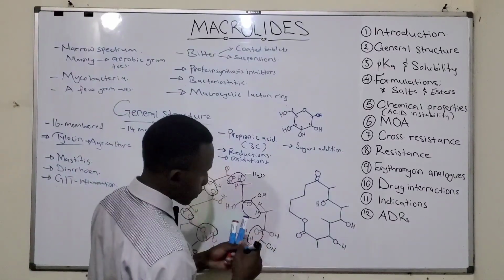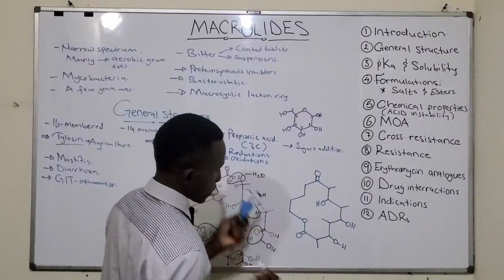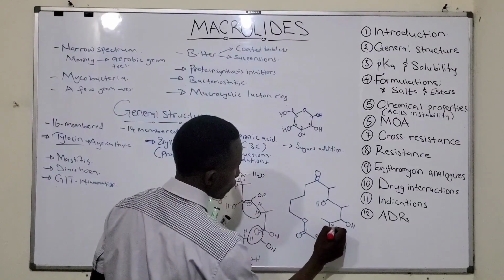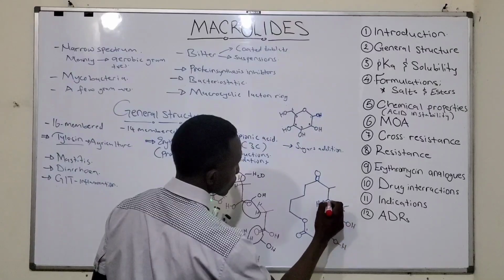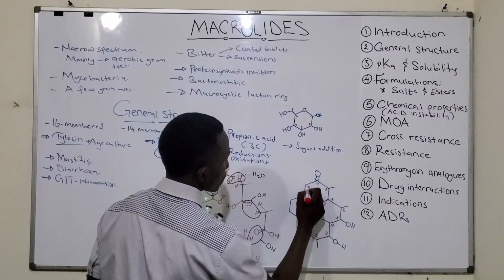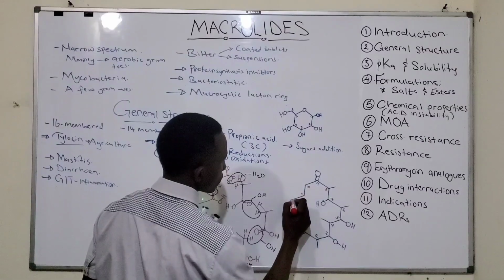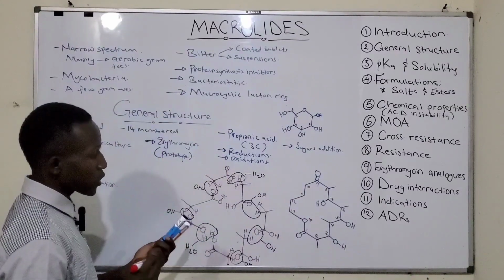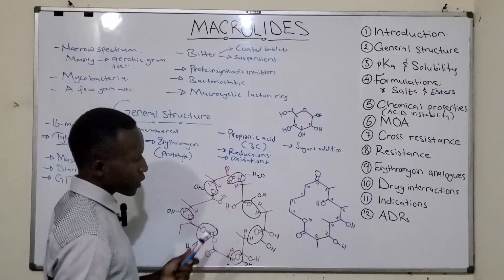This is carbon 1. This is 1, 2, 3, 4, 5, 6, 7, 8, 9, 10, 11, 12, 13, 14. It's a 14-membered lactone ring.